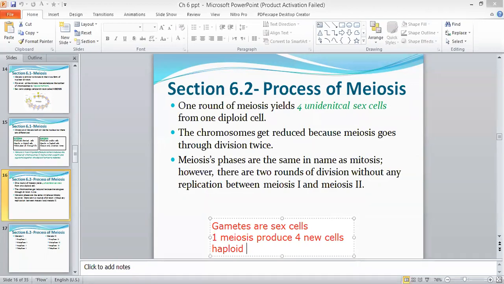It just aims at increasing the number of cells. So to differentiate between the 2 stages, we say prophase 1, metaphase 1, anaphase 1, telophase 1, and second stage: prophase 2, metaphase 2, anaphase 2, telophase 2. It's clear?